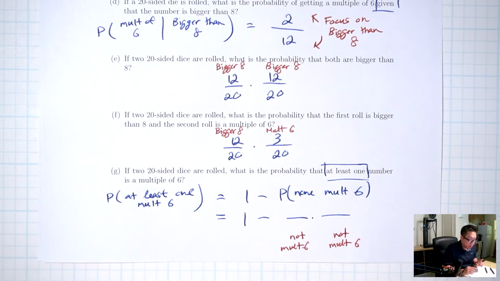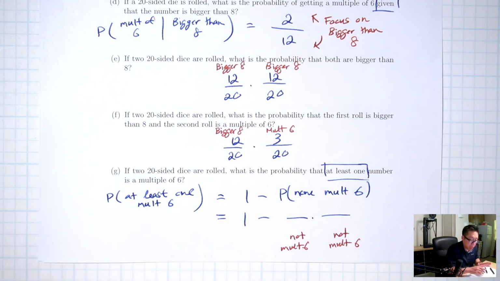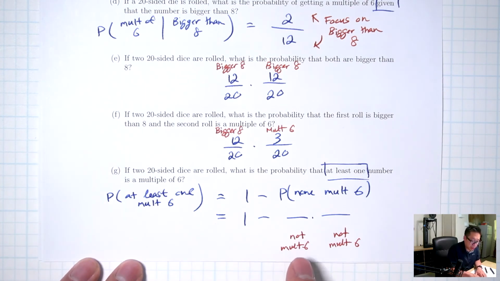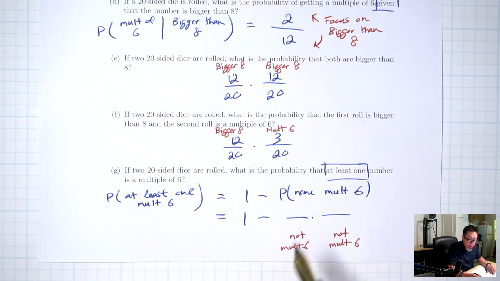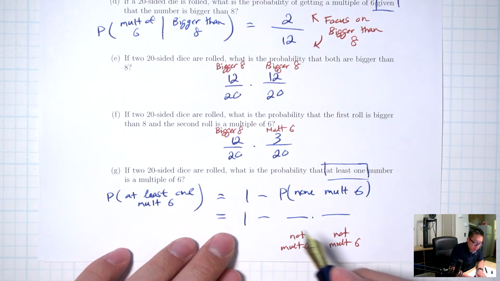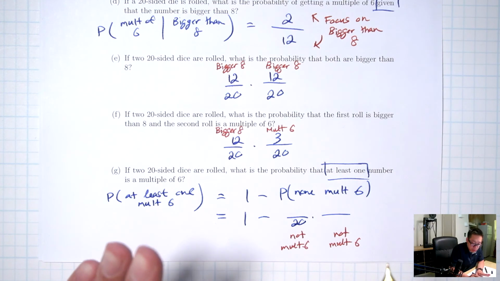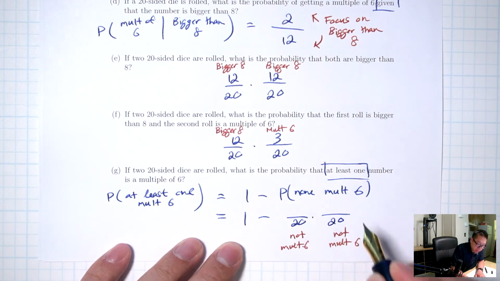So once again, even though we're looking for multiple of 6, because we're doing it using complements, the fraction should be not multiple of 6, not multiple of 6. First fraction, the bottom is going to be the total, which is 20. Second fraction, since dice you don't reduce, it's going to still be 20.